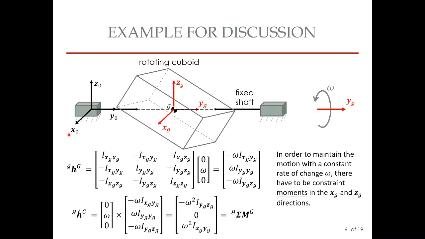The important bit here that I want to stress is that because the inertia tensor in this coordinate system G is not diagonal, we don't know the direction in which we can put a shaft such that it won't wobble. We can't guess it like that, right?